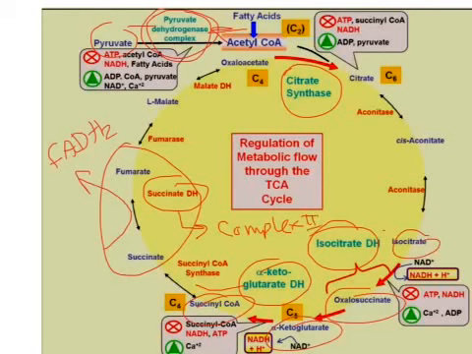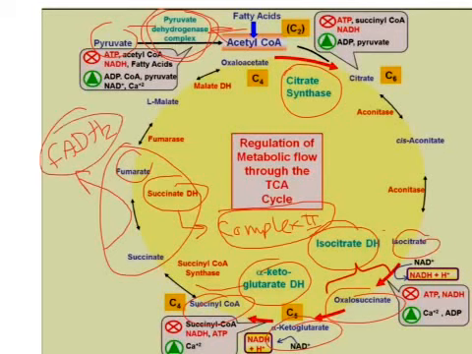Complex 2 is an enzyme in the electron transport chain. So succinate is converted to fumarate by an enzyme that's in the electron transport chain, and it actively produces electrons for the electron transport chain. So this is kind of showing you that all of this is happening very close. The action takes place very close to where it needs to take place.